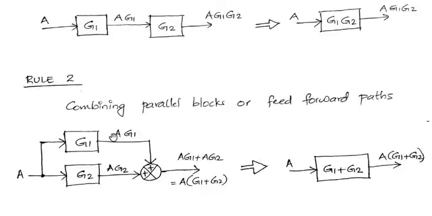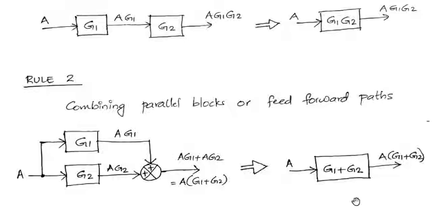Right. So here also what I am trying to do is, here we have two different blocks, each with gain G1 and G2. I am trying to reduce this system to a simple system with one block. If that is the case, then what would be the gain of that single block? Please remember, when we try to reduce the system, the input output relationship should not change. That means after reduction also the input should be A and the output should be A into G1 plus G2.